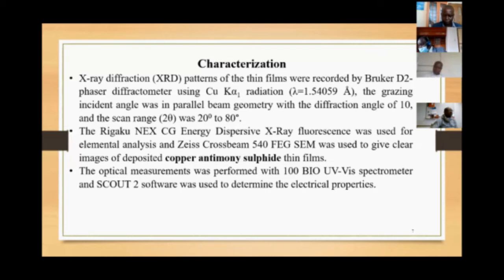I used the Zeiss Crossbeam 540 to determine the structure of the thin films. I also used the UV-Vis spectrophotometer to determine the optical properties. I simulated the optical data using Scout 2 software to determine the electrical properties.